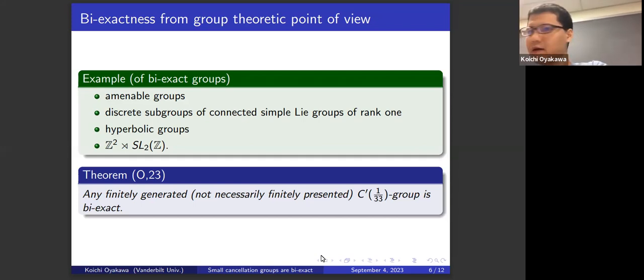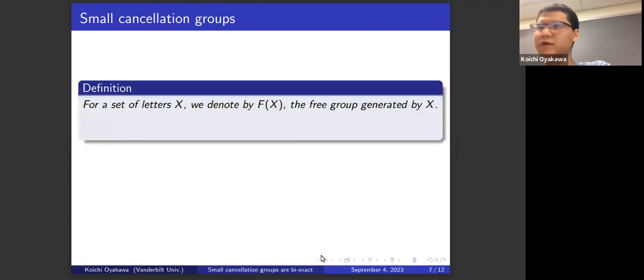I think many of the audience here are familiar with small cancellation groups, but I want to review what small cancellation groups are to explain what my result is. Okay, so small cancellation groups are groups defined by a group presentation. So we put a special condition on relations, and that condition is given as follows.